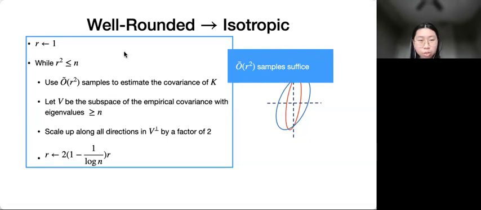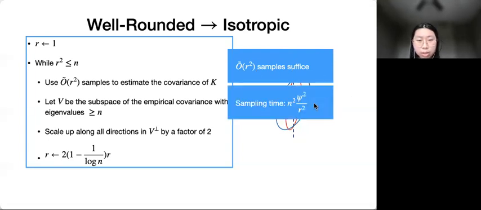So we can see at first R is small, like just a constant. And as the inner radius R increases, we need more samples. And at the end of the algorithm, R square will increase to n. So at last we'll need n samples.